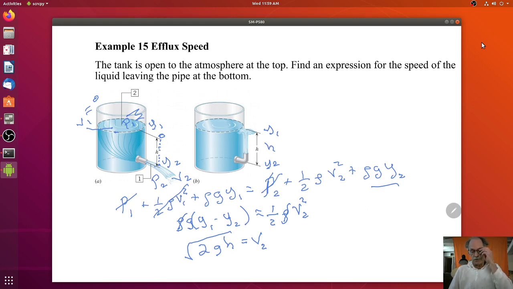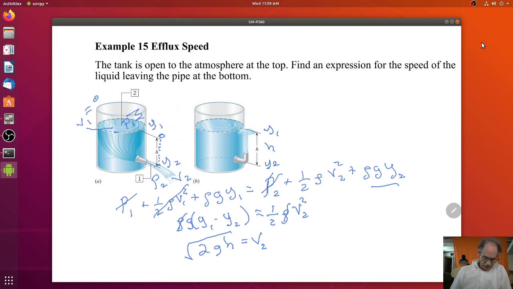That's not too amazing, that you get the same result for a fluid that's moving down without friction or drag, because this is assumed to be an ideal fluid. It's not too amazing that the velocity of the fluid is just like it had fallen from the surface of the tank, because it comes from the same equations, the energy conservation.